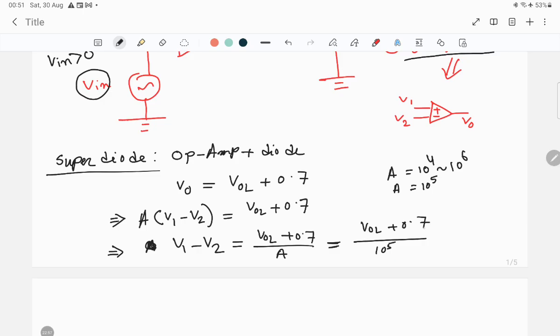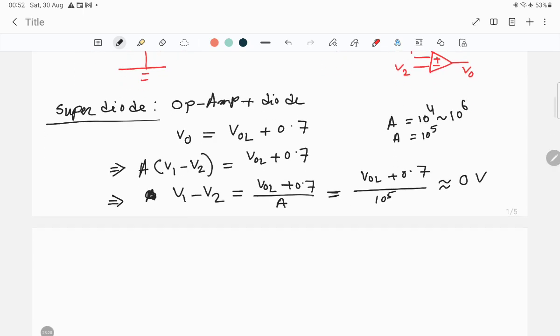When the denominator has a very large value, the overall thing will be compensated. So this will be closer to 0 volt. As a result, V1 minus V2 is almost equal to 0 volt, so V1 will be equal to V2.